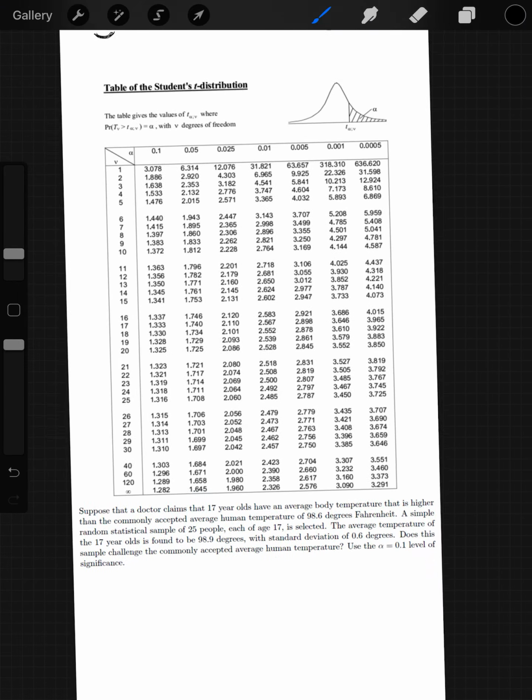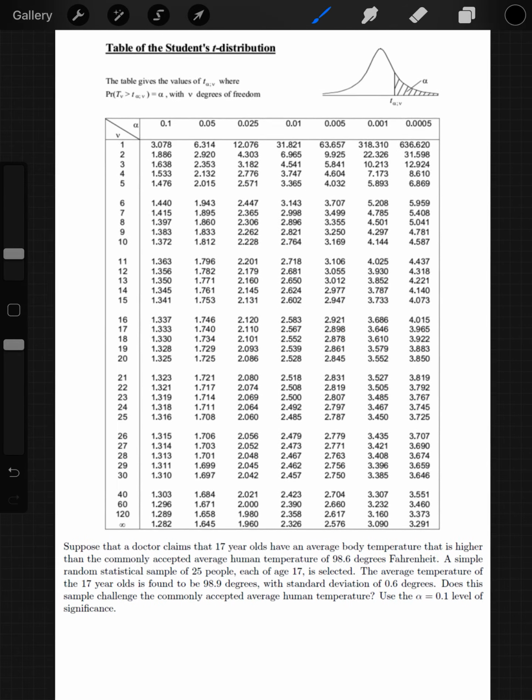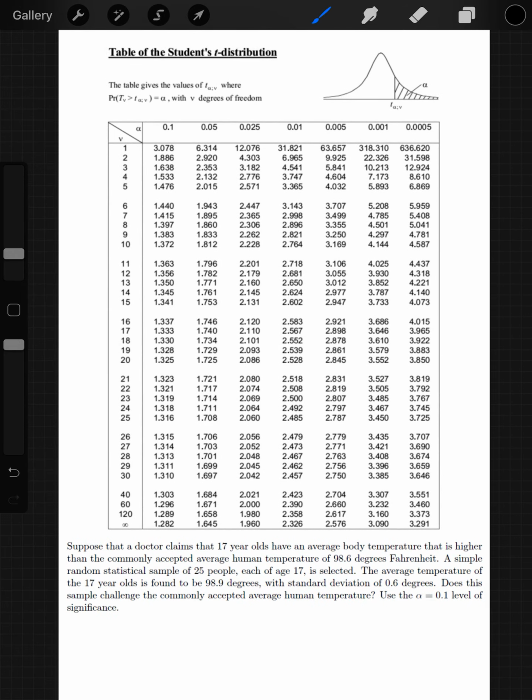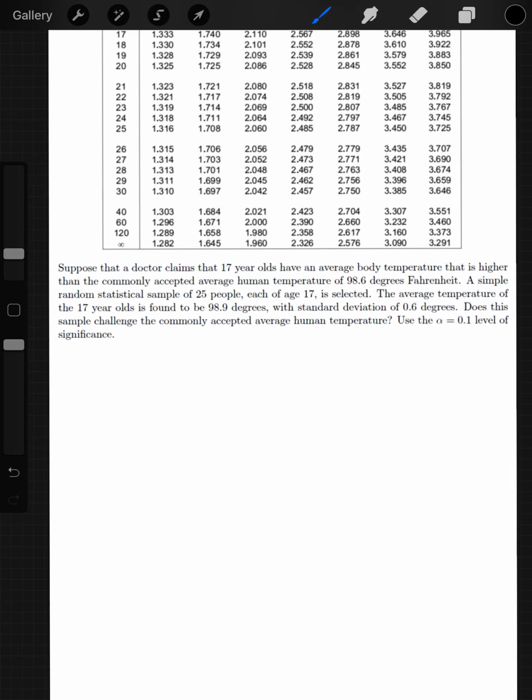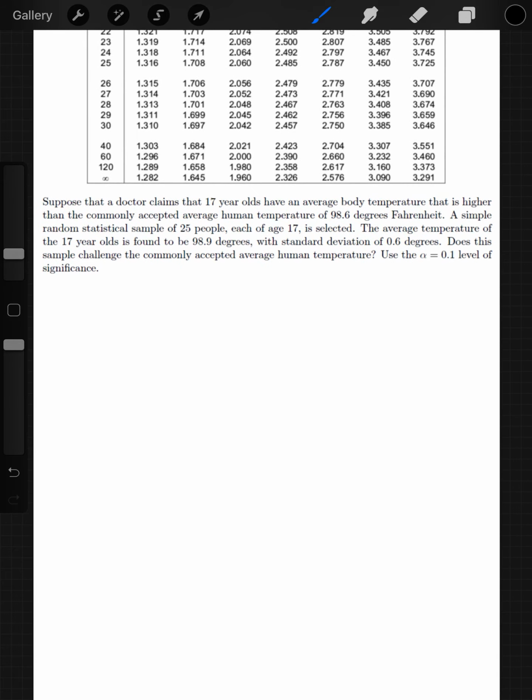So, going down here to work in our problems, we'll just have to zoom up for the table. So here we have our first sentence. Suppose that a doctor claims that 17-year-olds have an average body temperature that is higher than the commonly accepted average human temperature of 98.6 degrees Fahrenheit.